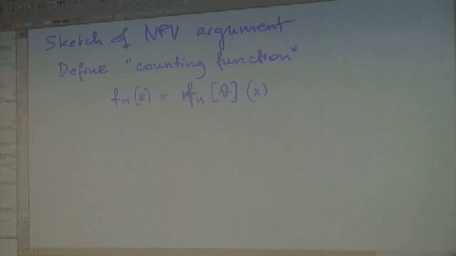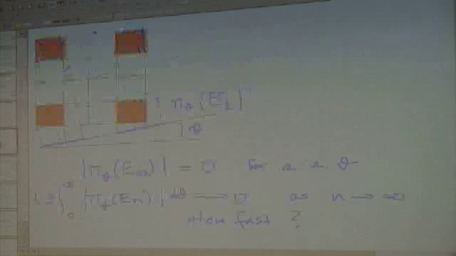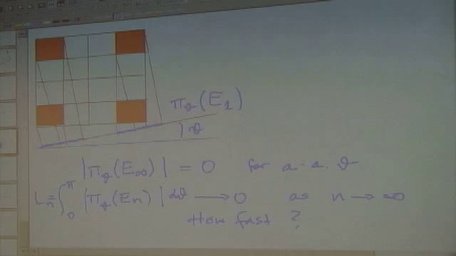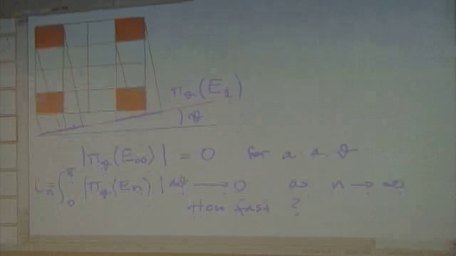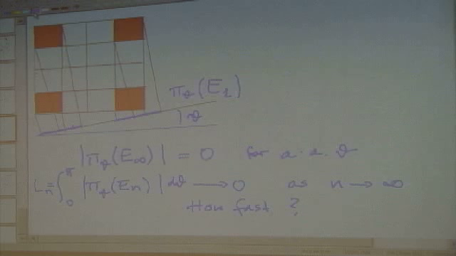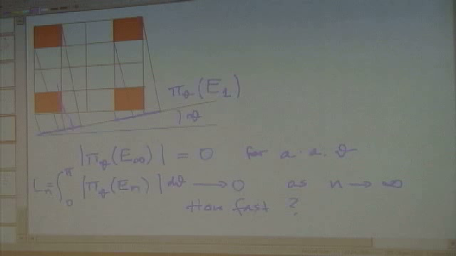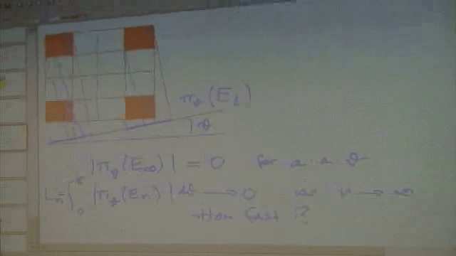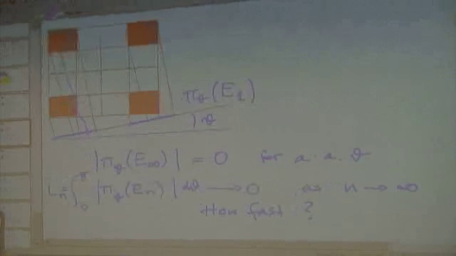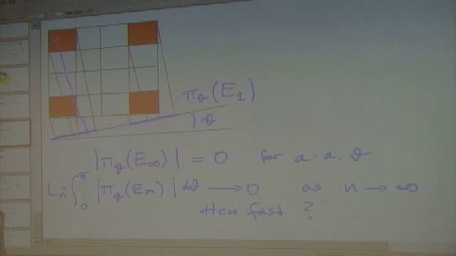Basically, what that function does is, for a given point, say x here, you go back in the direction perpendicular to theta, and you count the number of squares that get projected to that point for the nth projection.